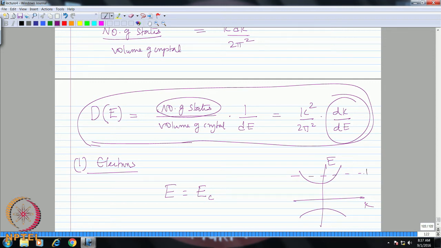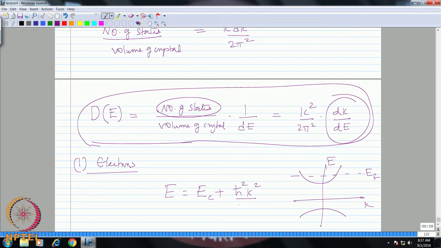So, this is your E F. So, the conduction electrons are free to move at 0 Kelvin, the conduction band is partly filled, and then at higher temperatures these electrons can contribute to the heat and electrical conduction.